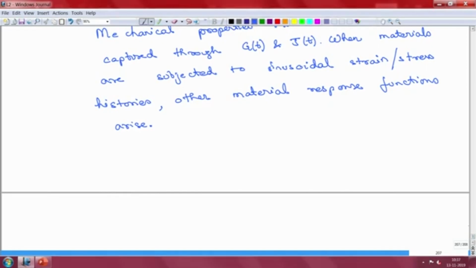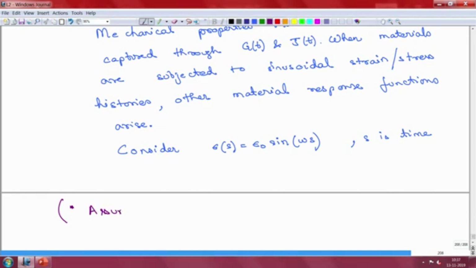Okay. So, what we are going to consider as an input is a sinusoidal strain. Consider a sinusoidal strain in time, which is given by this very simple function, epsilon naught sine of omega s, where s is time. Okay. So, basically it starts from 0 and goes until infinity. We are going to further assume, and the assumption that is going to be required for any further calculation is that the oscillation amplitude is small enough.